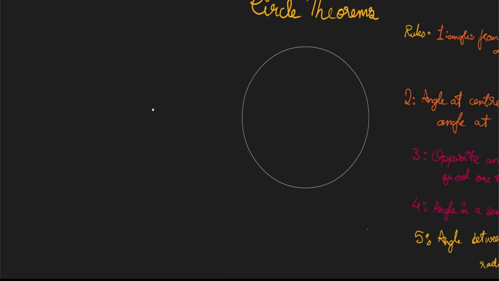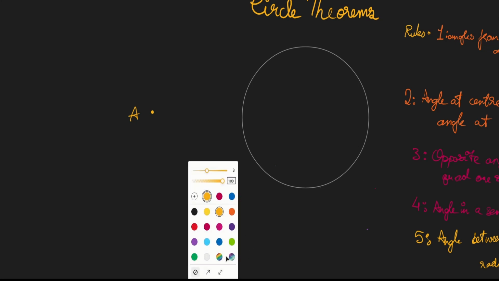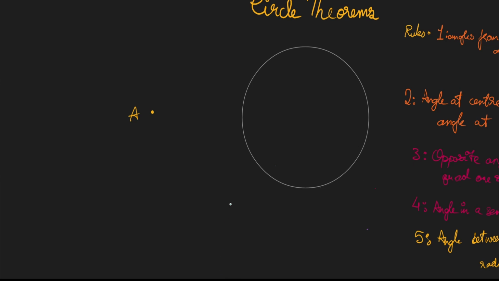So let's say we have a point here, point A. Now to this circle, there's only going to be two tangents to the circle. Anything else would cut the circle or not touch the circle at all. So you have tangent number 1, and tangent number 2.